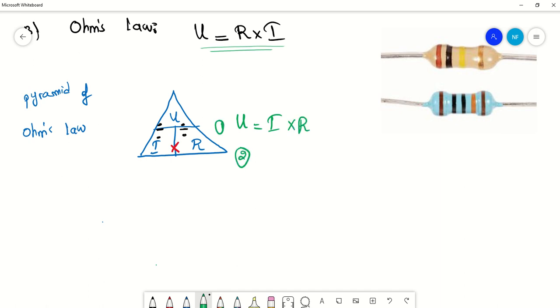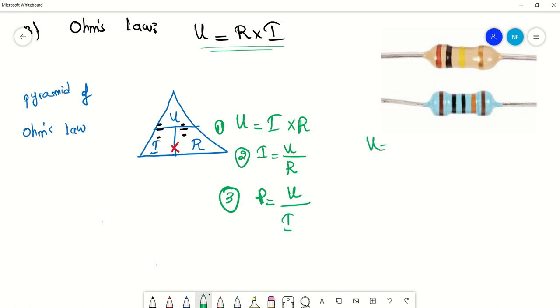Second one: when I want to calculate I, I hide I. What remains? U and R. What is the relation between them? It's division. So I equals U over R. Third one: when I want to calculate the resistance, I consider it's hidden. So R equals U over I.